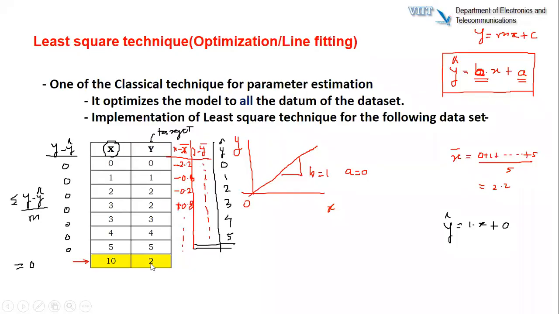Now what happens in line fitting or least square fitting? The technique is not smart enough to eliminate such noise points or outliers, and the algorithm will try to fit the line to each and every sample, and that is the problem.